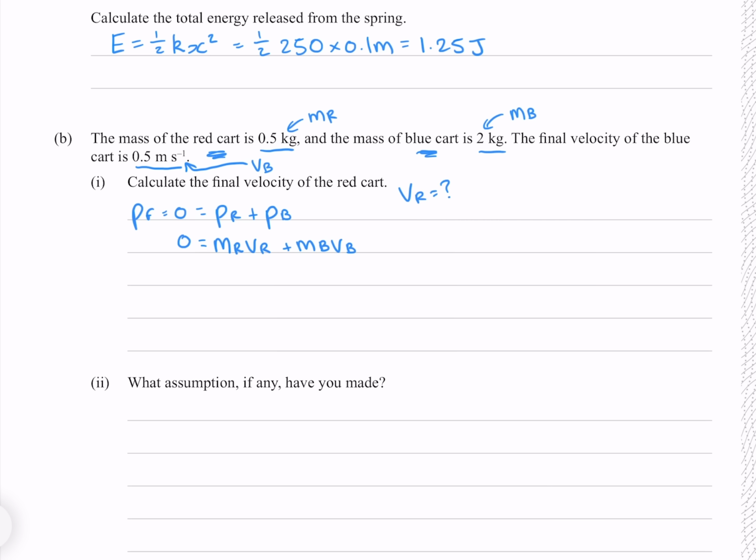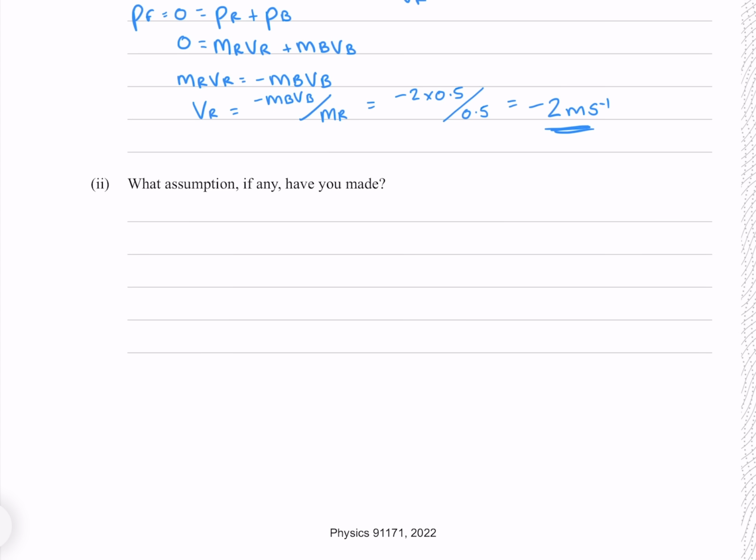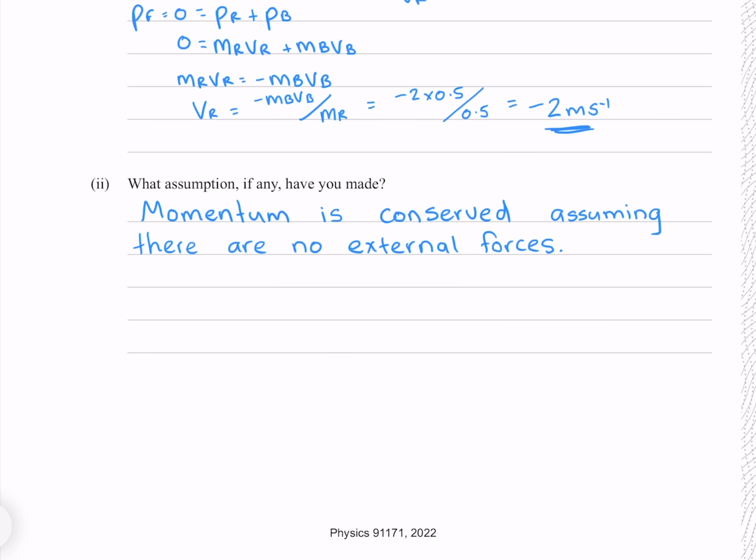Our next step is therefore to solve this equation for VR, subtracting MB VB from both sides and swapping the sides around, dividing both sides by MR, and now putting our numbers in, giving me negative 2 meters per second, where the negative indicates that the velocity of our red cart is in the opposite direction to the positive velocity of our blue cart. What assumption, if any, have you made? Momentum is conserved, assuming there are no external forces.